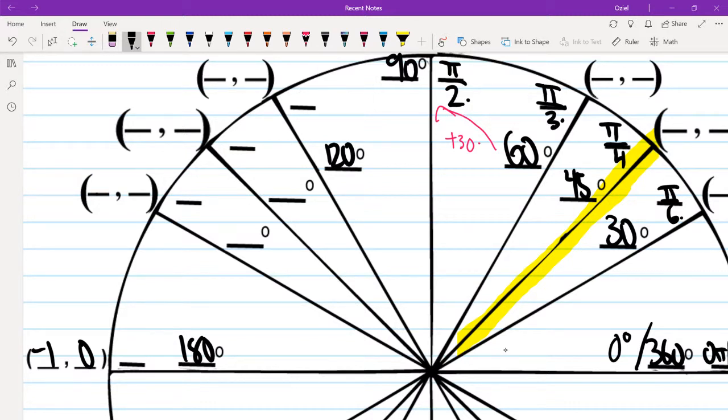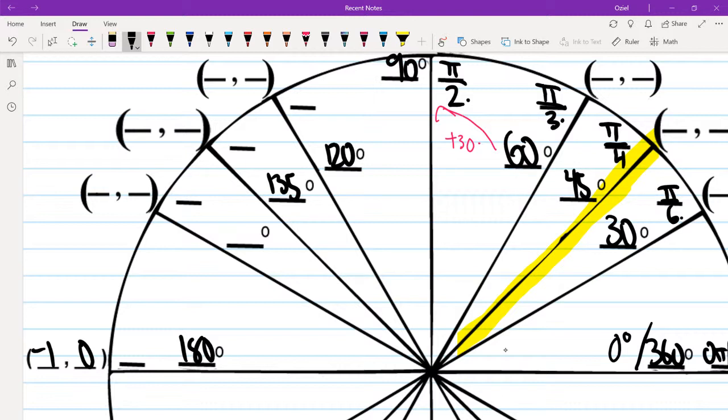And from 45 to 90, you went up by 45, so from 90 to over here you would go up by 45, which would be 135 degrees.